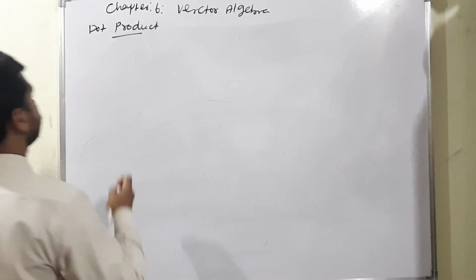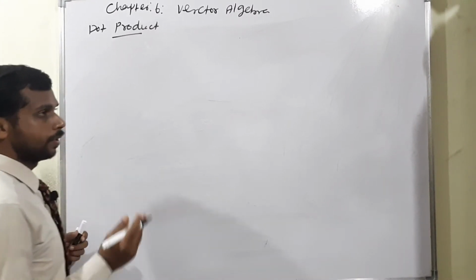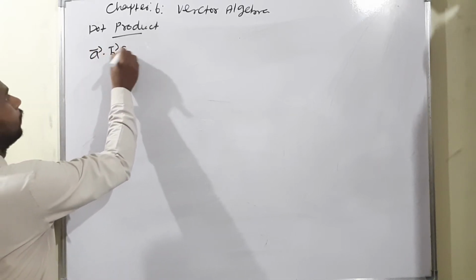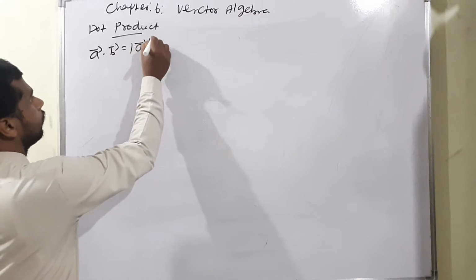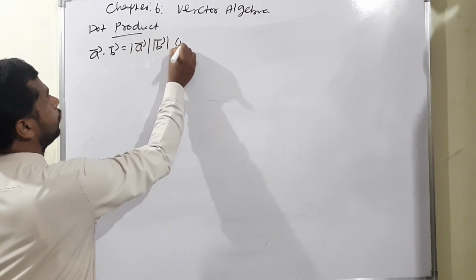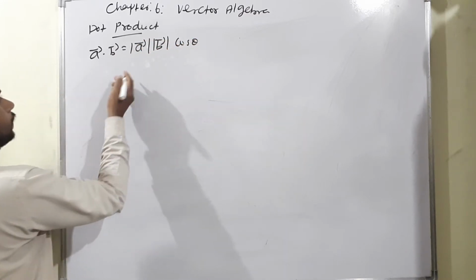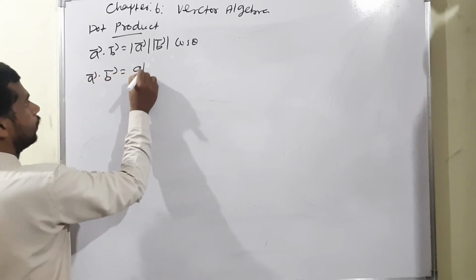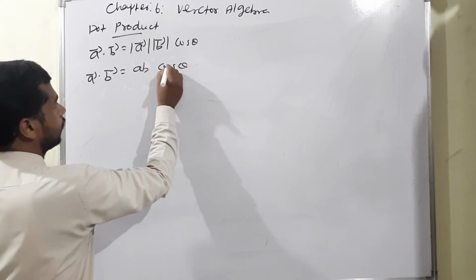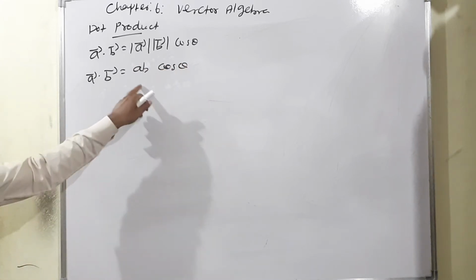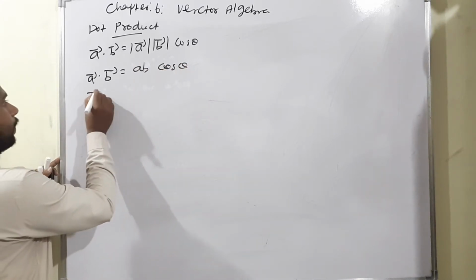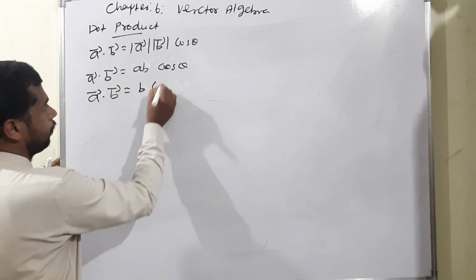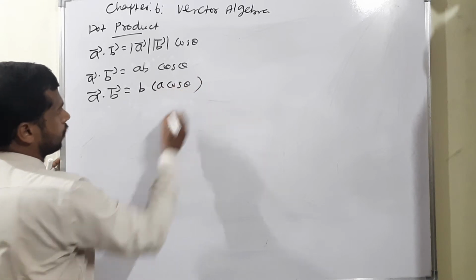Dot product. Last year you also studied one of the important formulas: A vector dot B vector is equal to modulus of A vector into modulus of B vector into cos theta, that is, A vector dot B vector is equal to AB cos theta. Just modify the second line: with B outside, inside we have A cos theta.